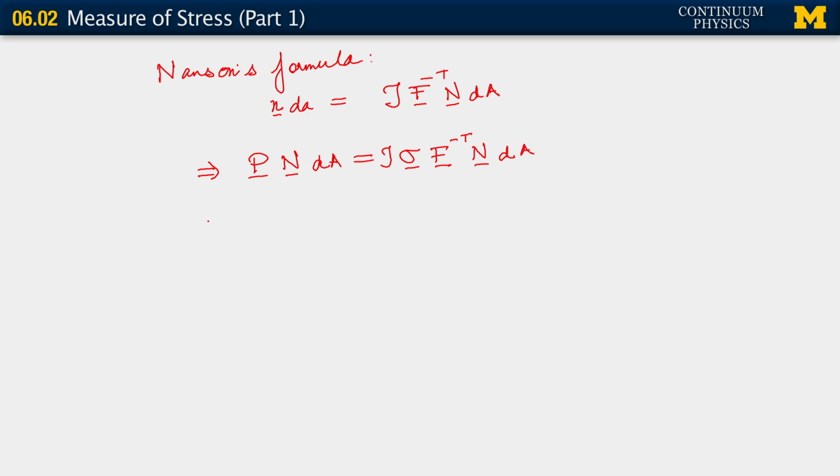And by comparison, we see that this new object that we introduced, P, is indeed a stress. It is J sigma, where sigma is the Cauchy stress, times F inverse transpose. So this is a new measure of stress.